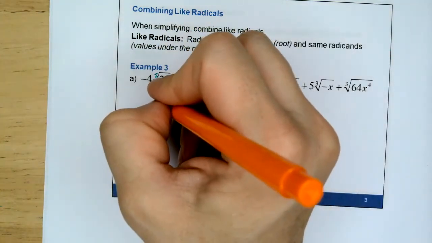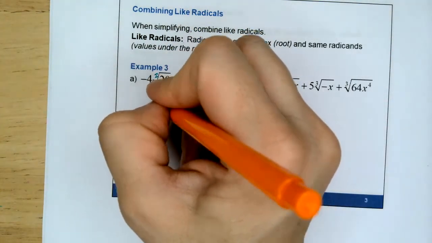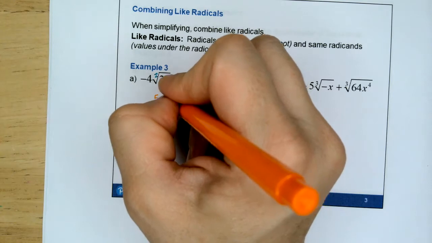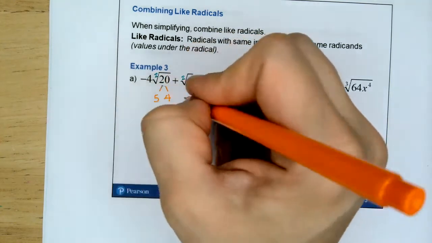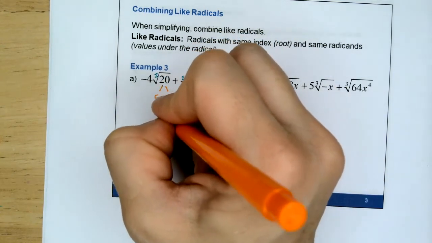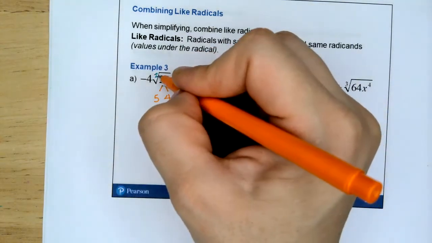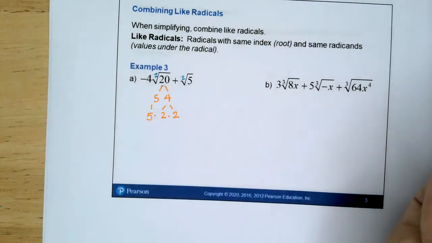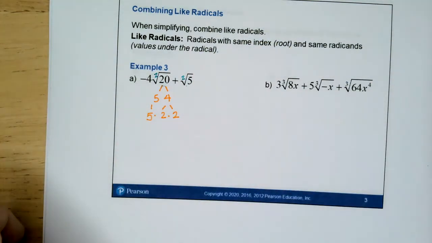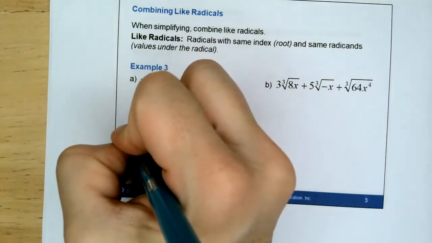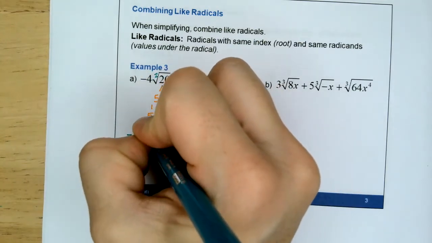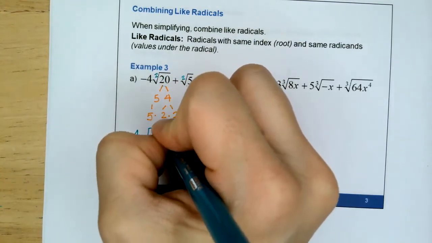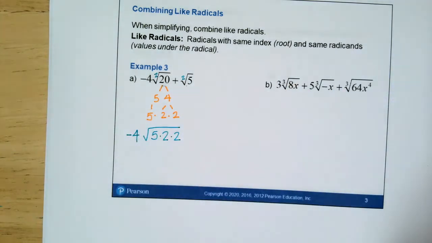20. The 20 can become a 5 and a 4, right? And then the 5 is a prime, but the 4 can become a 2 and a 2. And I'm looking for pairs because that's 2. So I have 5 times 2 times 2. So what that turns into is -4 times the square root of 5 times 2 times 2.